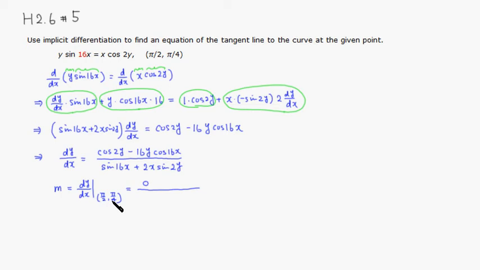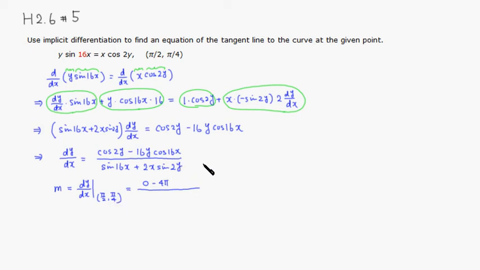Then you have a negative 16 times pi over 4, so it's 4 pi, then cosine of, let's see, 16 times pi over 4 would be 4 pi.